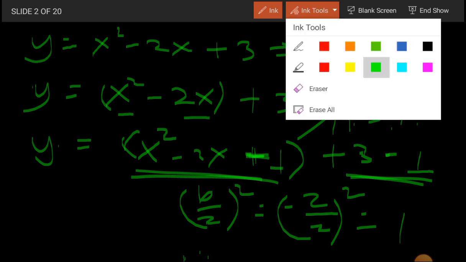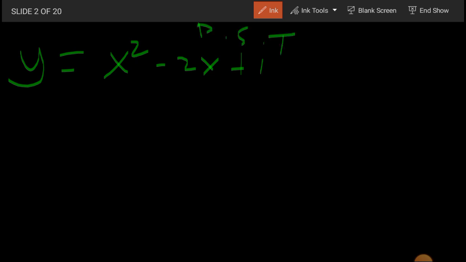So let's clear off some space. From that, we have y is equal to x squared minus 2x plus 1. Every time that we have formed a perfect square trinomial, we can transform that into a square of a binomial.